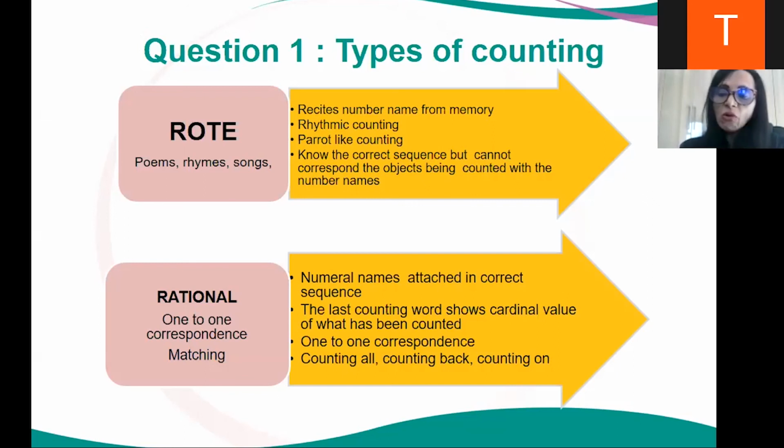So counting on will mean the child knows that there is 3. The child then says 3, 4, 5, 6, 7, 8. The child counts on from a given set of numbers. Now that is the difference between rote counting and rational counting.